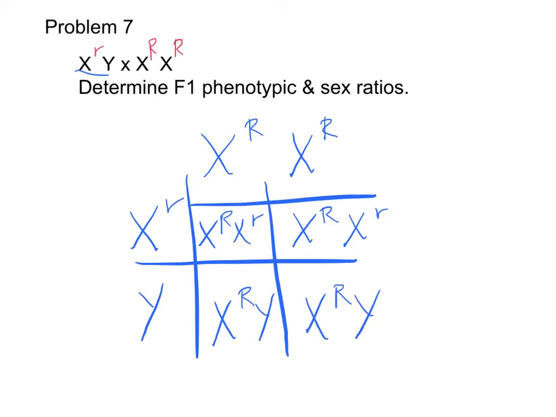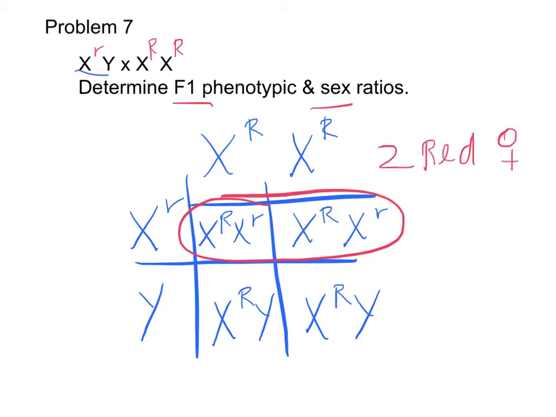So our resulting F1 phenotypic ratios and sex ratios, and you typically include them together, would be 2 red-eyed females to 2 red-eyed males.